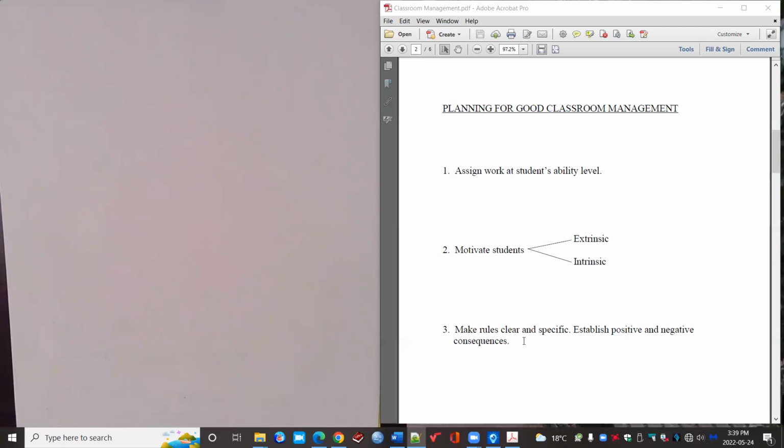Right? So a lot of the time we have to accentuate the positive when students are following rules. If we only make negative comments on students breaking rules, that will certainly affect the classroom morale, right? So remember, accentuate the positive. The next point is that it's better to have a few general rules than many specific ones.